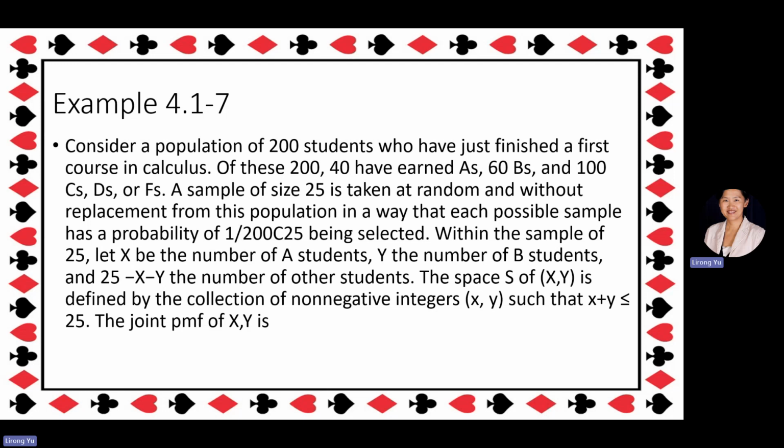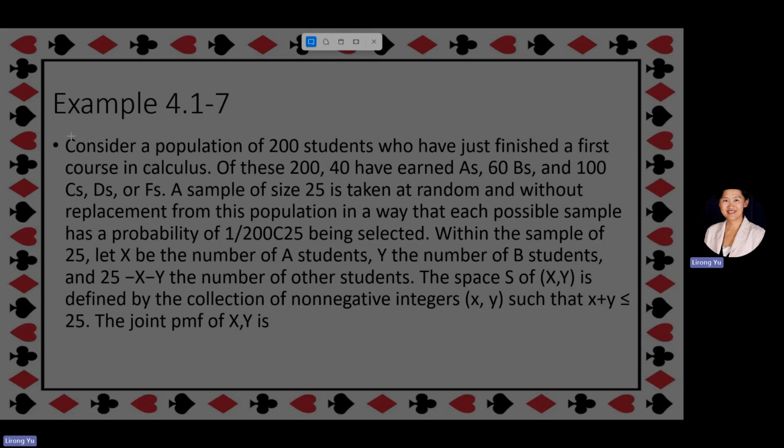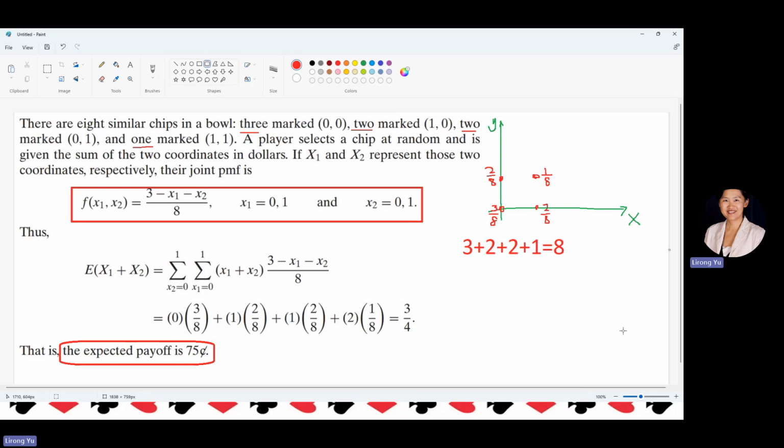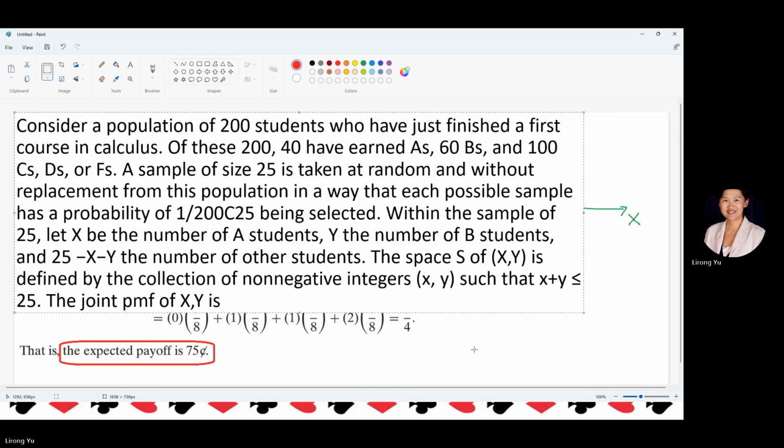Therefore, there are two variables, X and Y, and we're trying to find a probability for X and Y. This is what people call trinomial. The total is finite, so I guess it's more like a hypergeometric situation.